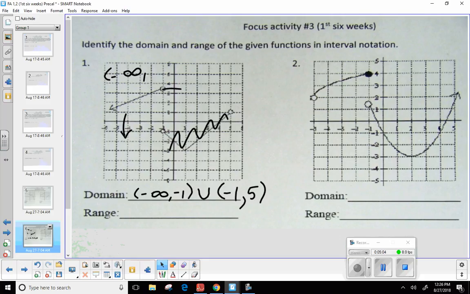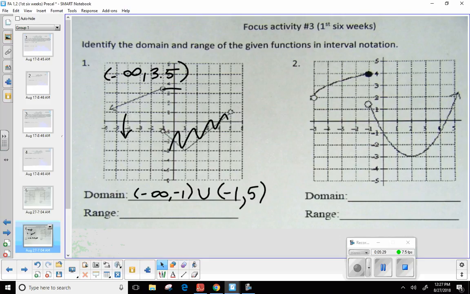I'd say 3.5, because I'd say about midway between 3 and 4. I mean, this is your best estimate, I would say. If you were to say something like 3.4 or 3.6, I'm not going to be a stickler about that. It's going to be just fine. But because it's an open circle, I'm going to put a parentheses. So that's how tall that particular graph is.